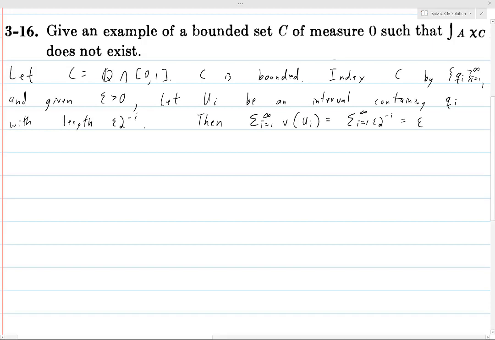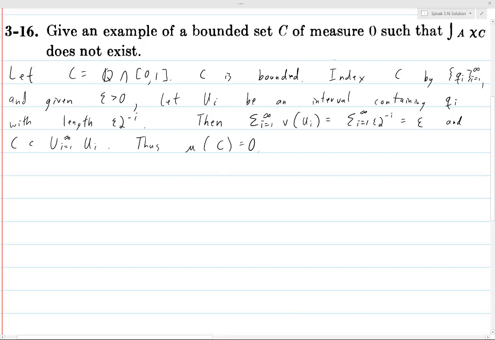All right. So given any epsilon greater than 0, we can cover C, and C is contained in the union from i equals 1 to infinity of ui, because Qi is contained in ui, so any element of C is contained in some ui. Thus the measure of C is 0.